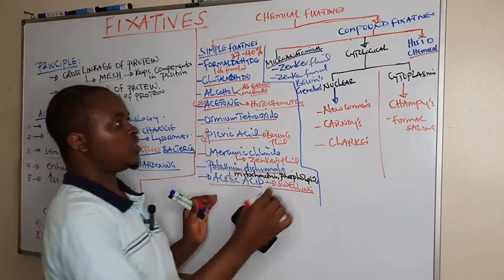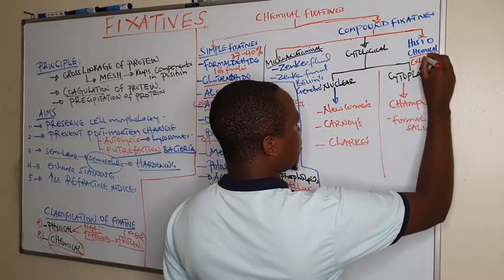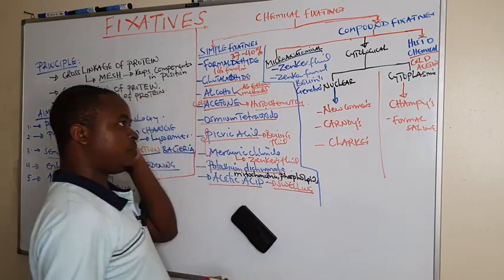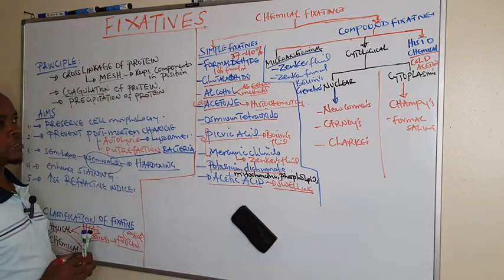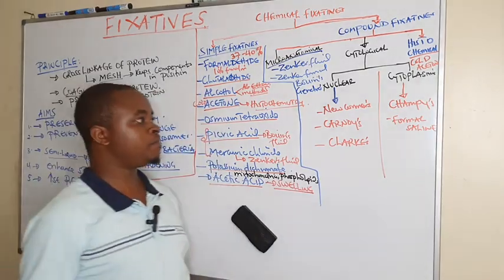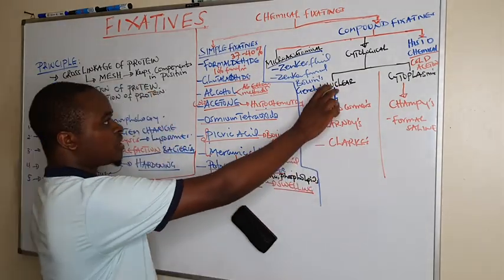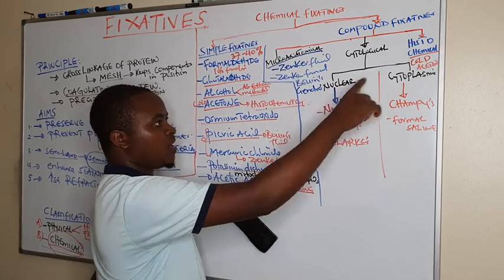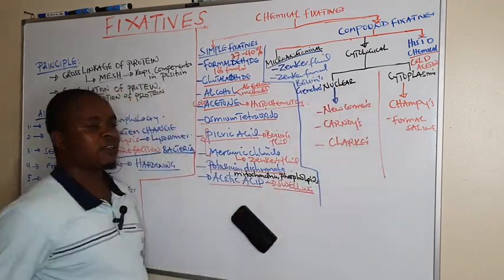Cold acetone can preserve frozen sections for histochemistry. So we shall talk about microanatomical, nuclear and cytoplasmic fixatives.